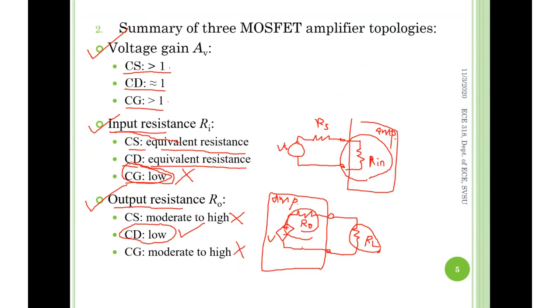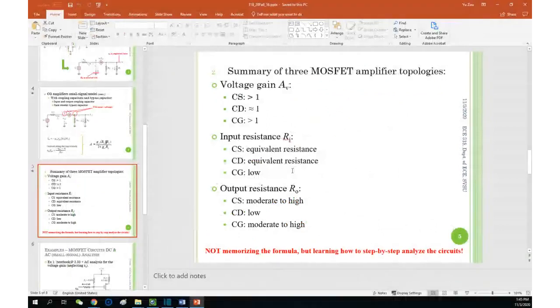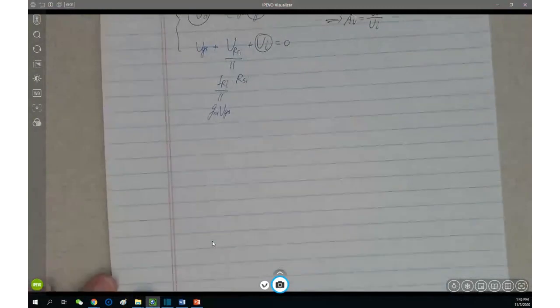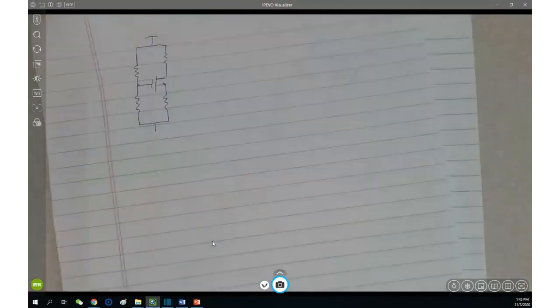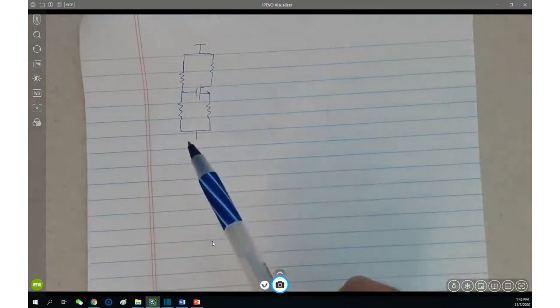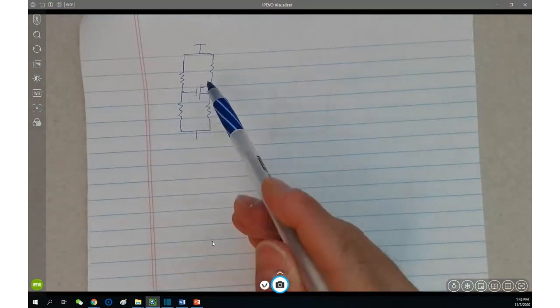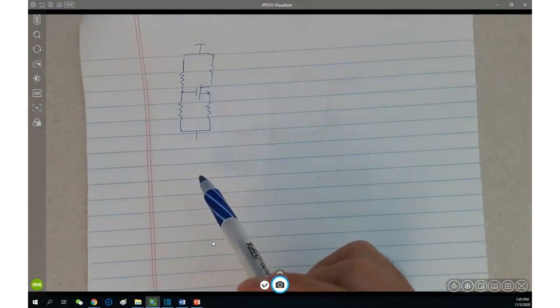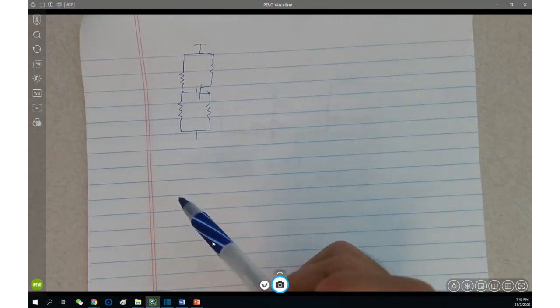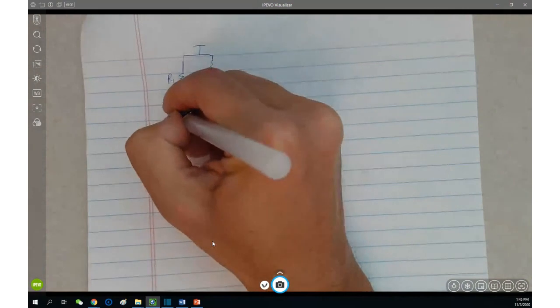Now let's talk about input resistance. What does it mean by equivalent resistance? It's actually as simple as this. Remember, we have seen such a topology of a circuit for amplifiers and MOSFET amplifiers quite a bit. So we call these R1 and R2, right?